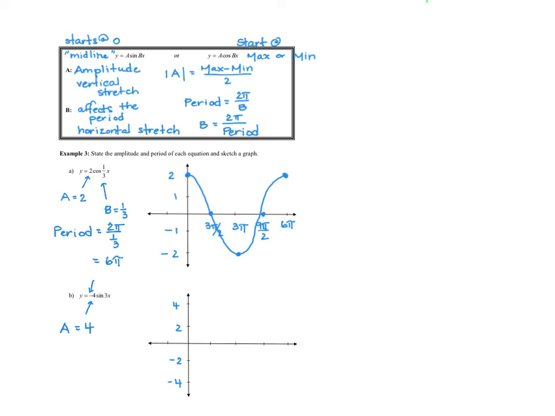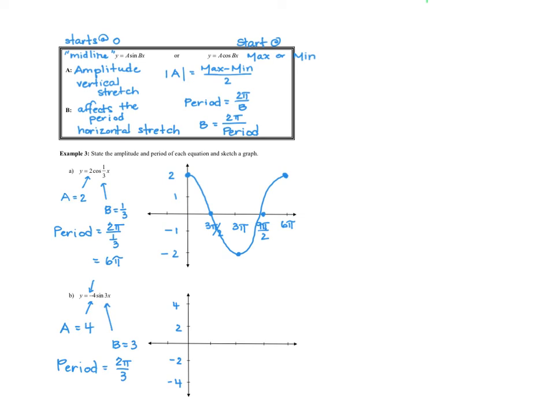The fact that it's a sine curve says it starts at 0. And a B value of 3 now says that the period is 2 pi over 3, which means things are going to happen faster.